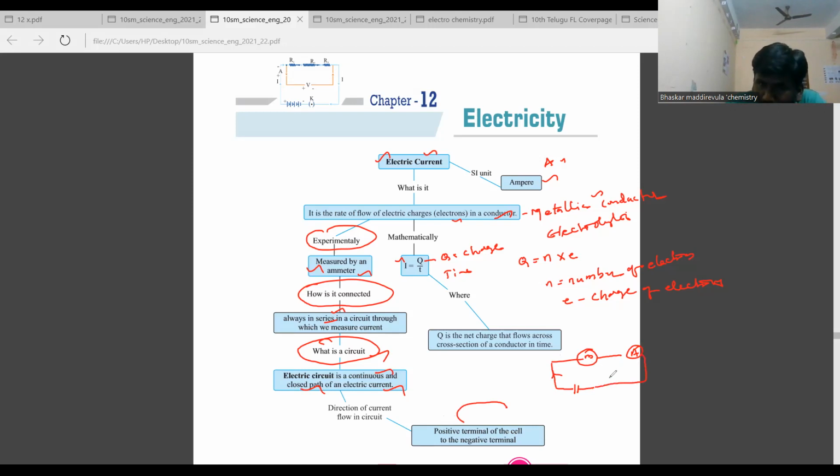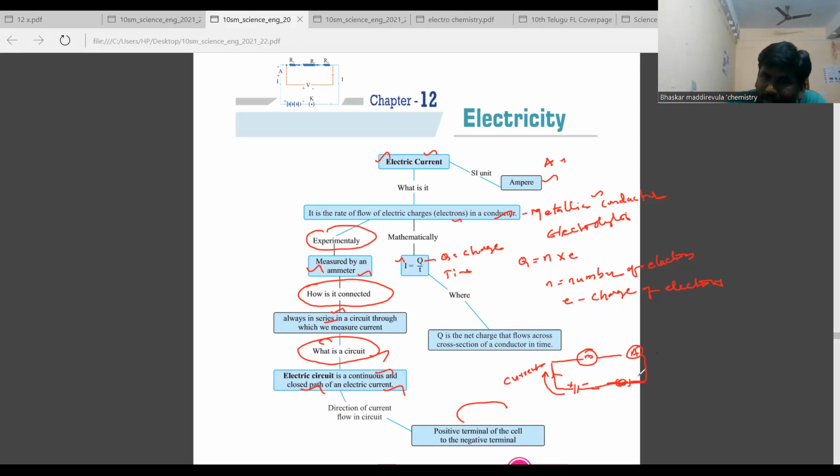And here we have one plug key. Now the key is closed here. Now the positive and the negative terminal: current always will start from the positive terminal of the cell and reach the negative terminal. That is the direction of current.